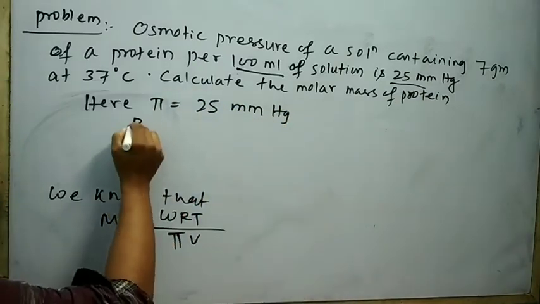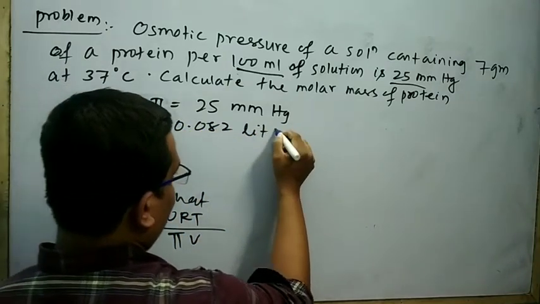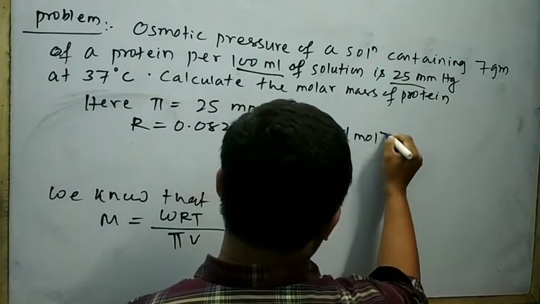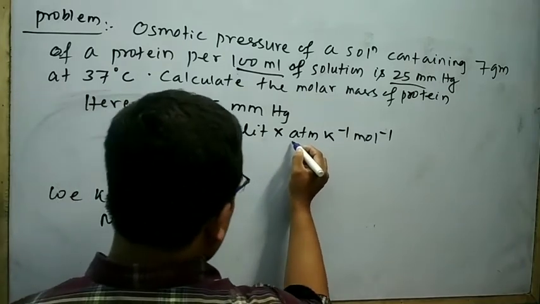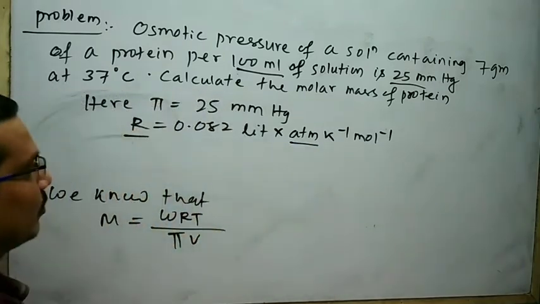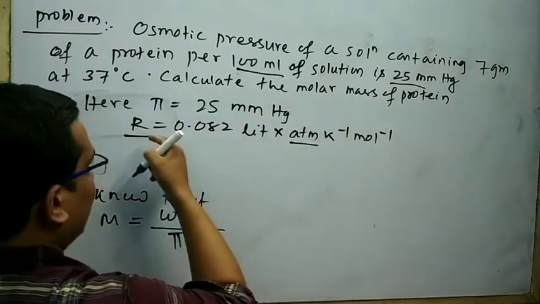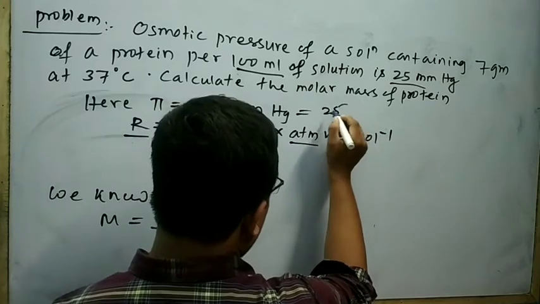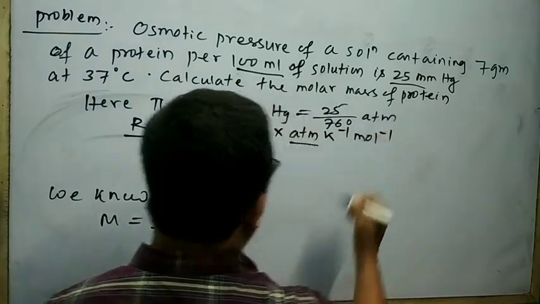The value of R equal to 0.082 liter atm per Kelvin per mole. Since R is written in terms of atm, we convert mmHg into atm. That means pi equal to 25 mmHg equal to 25 divided by 760 atm.